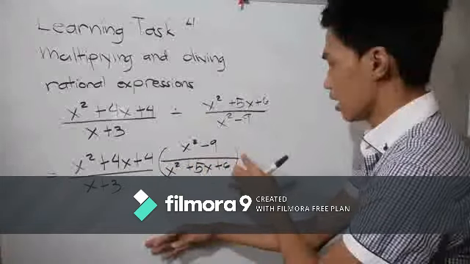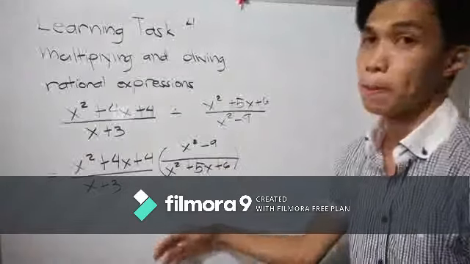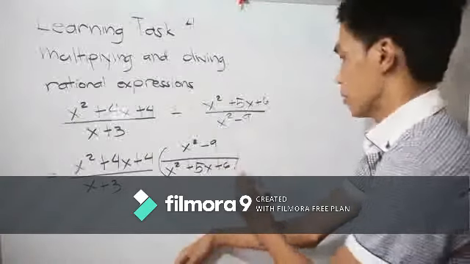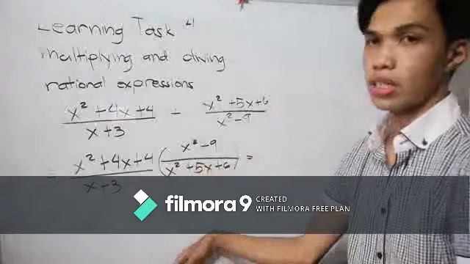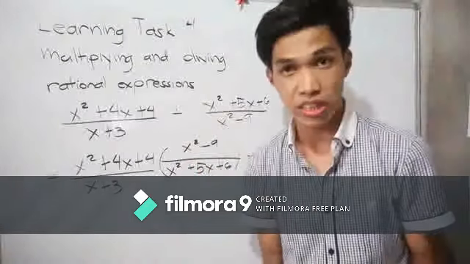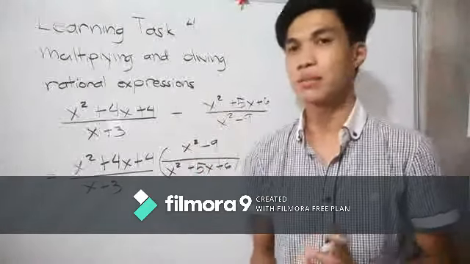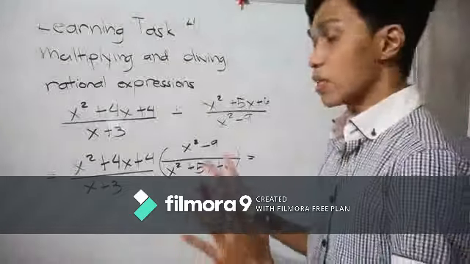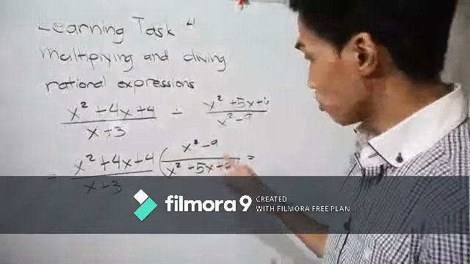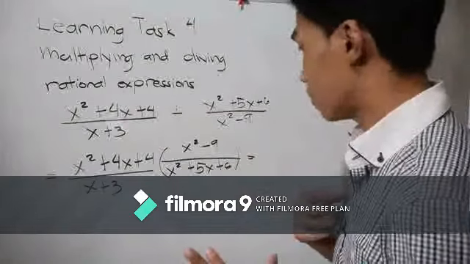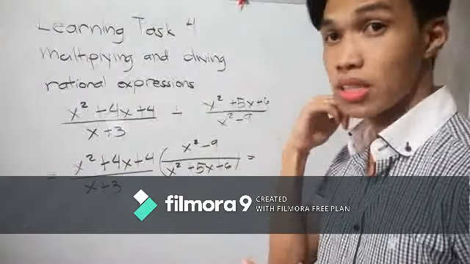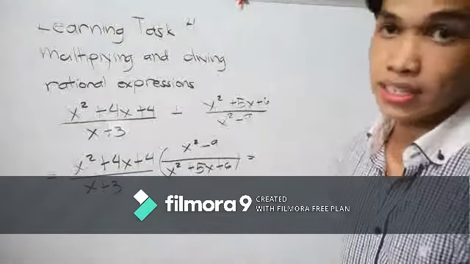Then we can now use multiplication for this part. But in order to have a simplified answer, kasi lagi naman simple ang kailangan nating sagot, let's factorize those trinomials and some binomials that we see on our example.